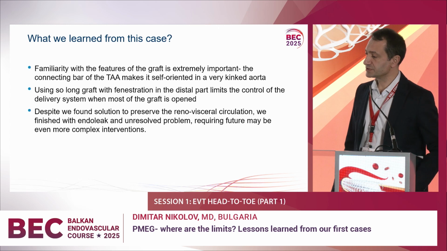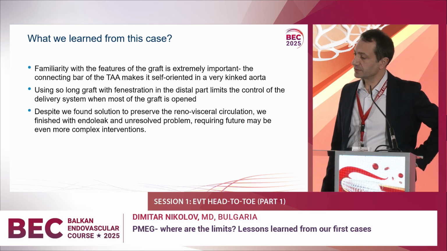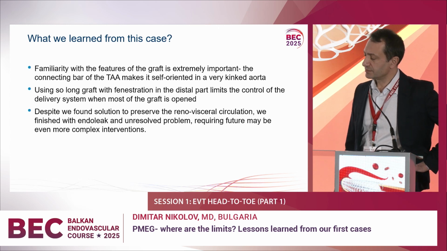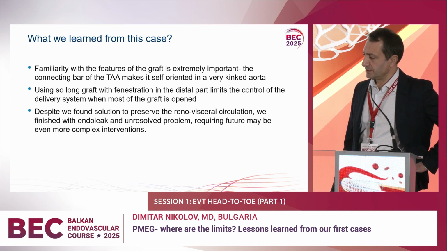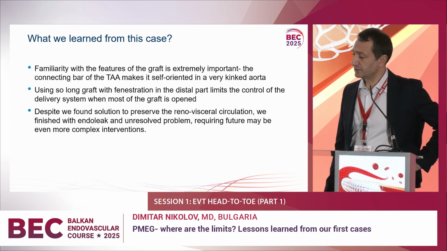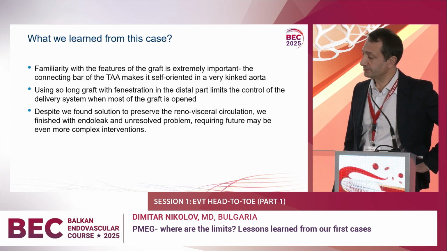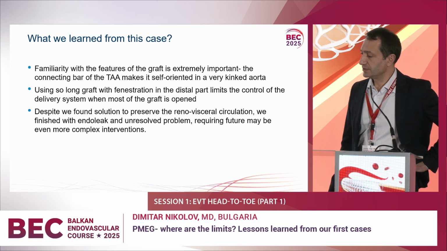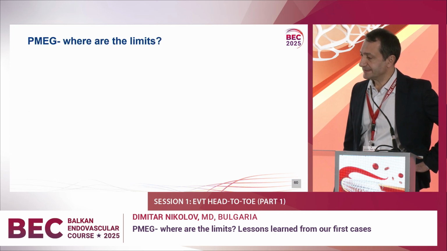Also, using such a long graft with fenestrations in the distal part limits the control of the delivery system when most of the graft is open. Although we found a solution to preserve the renal and visceral circulation, we finished with endoleaks and an unresolved problem requiring future and even more complex interventions.